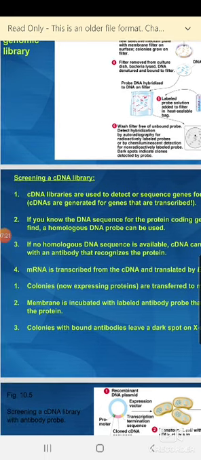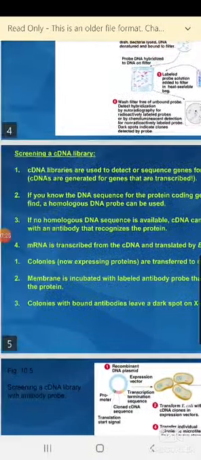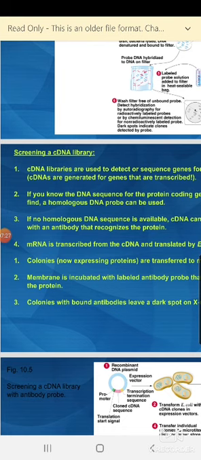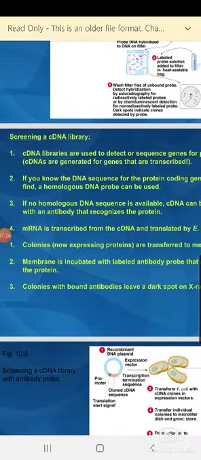If you know the DNA sequence for the protein-coding gene you want to find, a homologous DNA probe can be used. If no homologous DNA sequence is available, cDNA can be probed with an antibody that recognizes the protein. That's the beauty of cDNA.